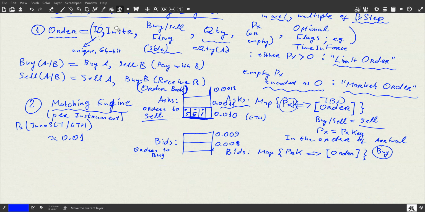Here there are again multiple buy orders with different quantities, for example, 10, 2, 3, and so on. Clients of our exchange submit orders. What does it mean, submit orders?